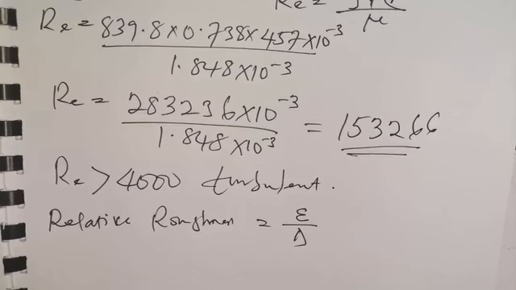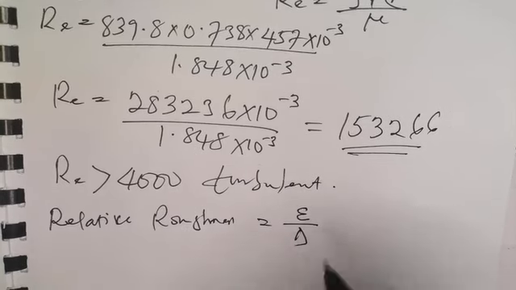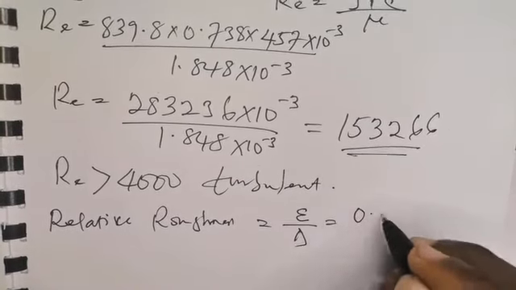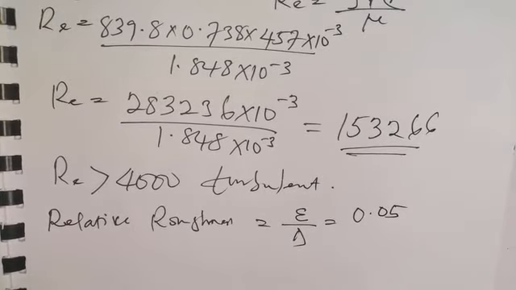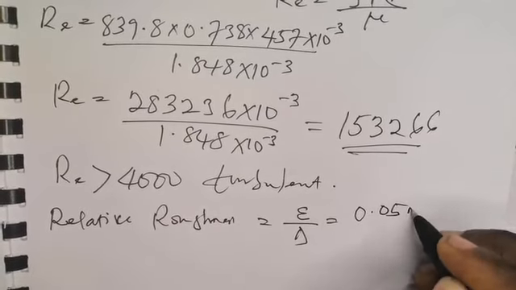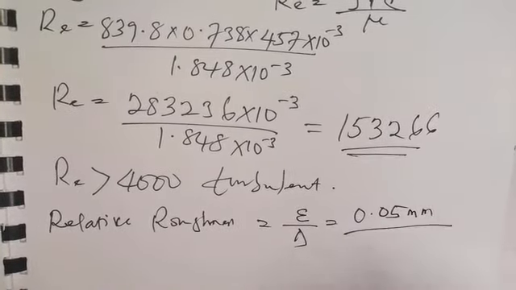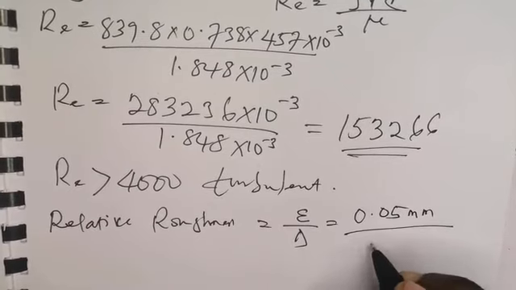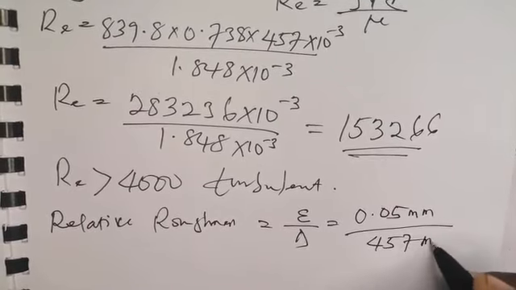And the pipe wall roughness, epsilon, was given as 0.05 millimeter, divided by the diameter of the pipe, which was given as 457 millimeter.